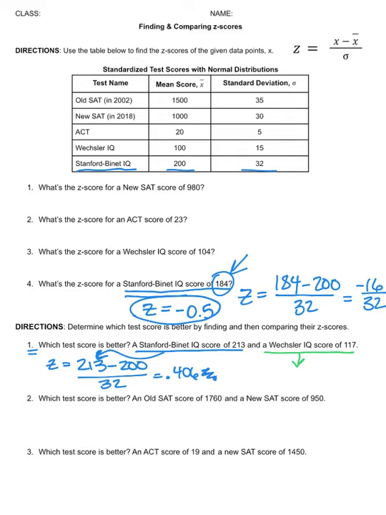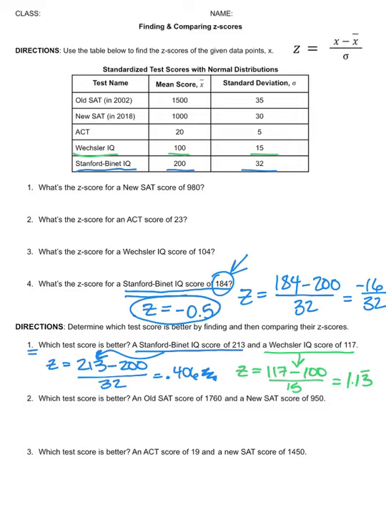All right, now I'm going to do the same thing, but for the Wechsler IQ score. So the Wechsler IQ score, my x value is 117. My mean for Wechsler IQ is 100, and there's a standard deviation of 15. So that gives a z-score of 1.1333, repeating forever.